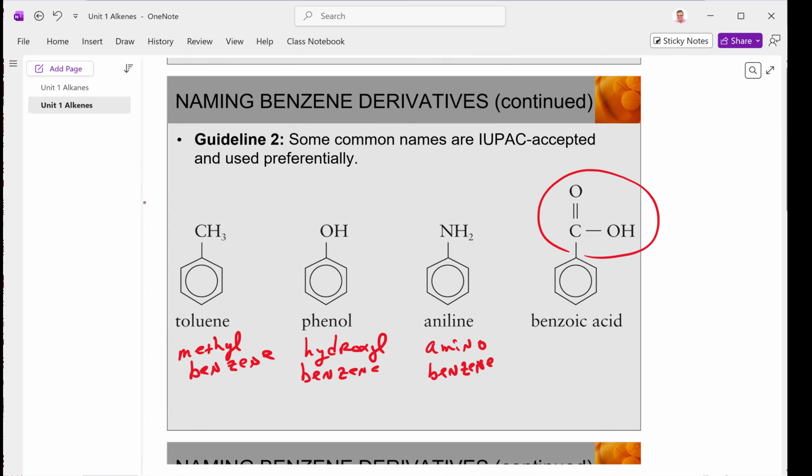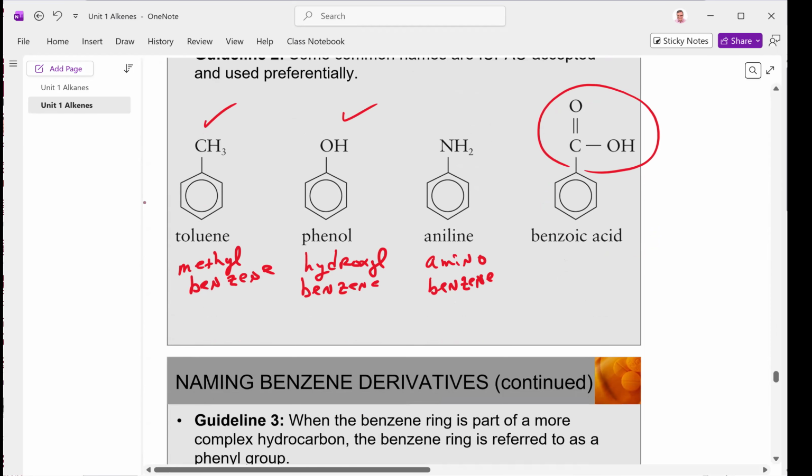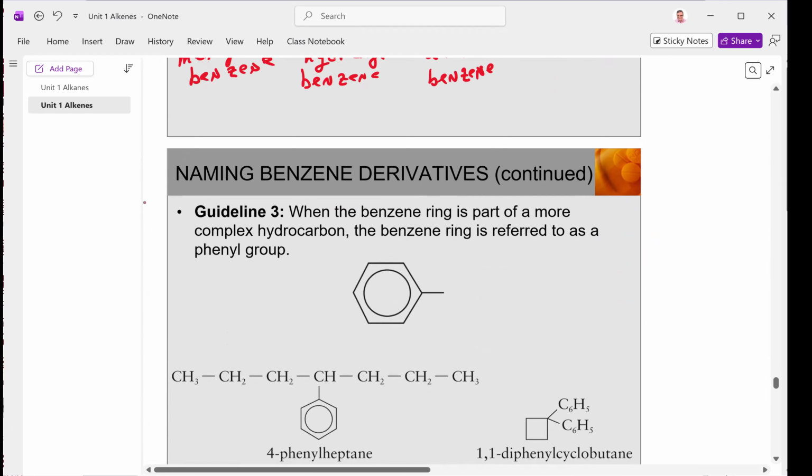So for right now, for this unit 1, know those two, phenol and toluene. Now, if this is an ethyl group, it's not toluene, only the methyl group. Okay.